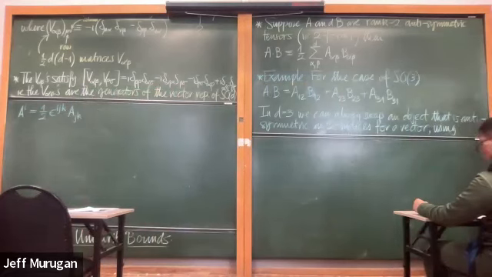On the right hand side, you have a rank 2 antisymmetric tensor. On the left hand side, you have a vector.